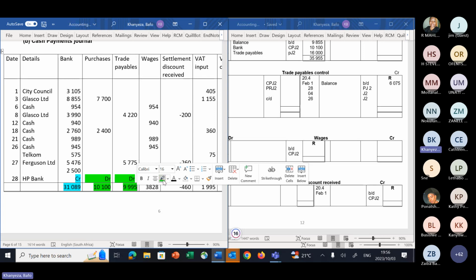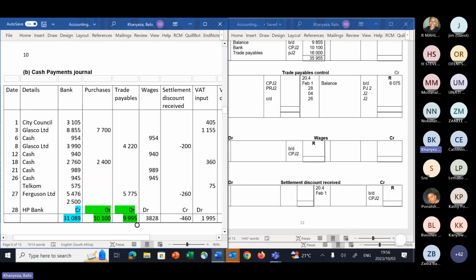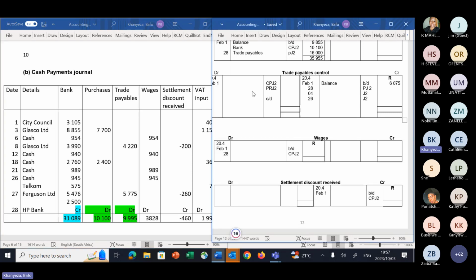In any case, because it's a reduction in trade payables, we were paying the trade payables with 9,995. Then it is a reduction, so that's why we have to make it a debit. But in any case, we've already credited bank, so the rest is debit. If you want to reason it like that.